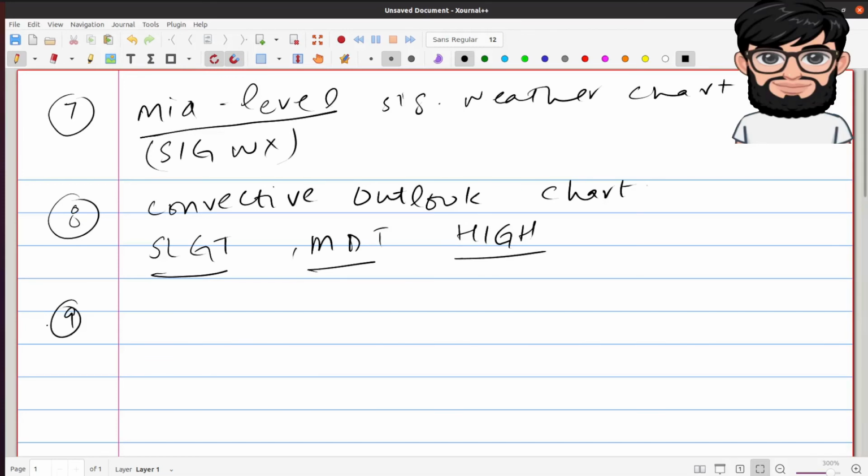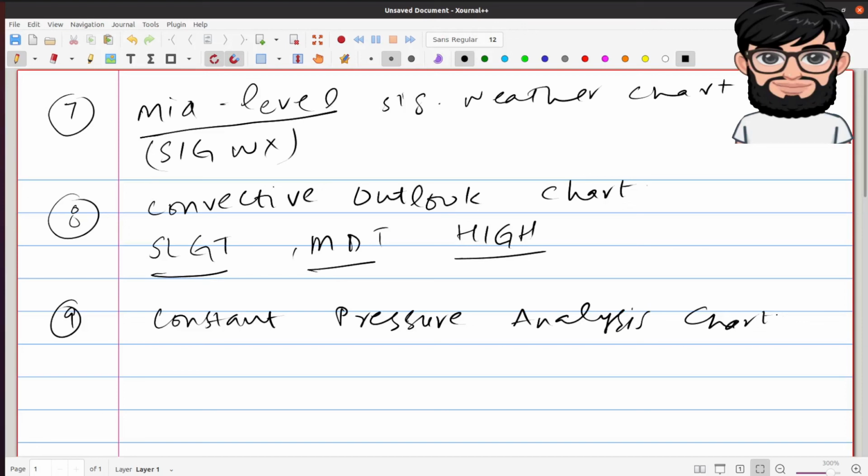And constant pressure analysis chart. That would be the last question we wanted to cover in this video. Any surface of equal pressure in the atmosphere is a constant pressure surface. A constant pressure analysis chart is an upper air weather map where all information depicted is at the specified pressure of the chart.